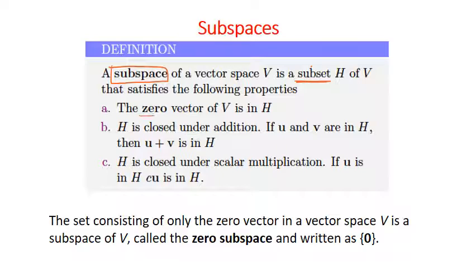The 0 vector of V is also in this subset. H is closed under addition, so that means if U and V are in this subset, then U plus V is also in this subset. And the same situation for scalar multiplication. H is closed under scalar multiplication. So if U is in the subset, then C times U is also in the subset.